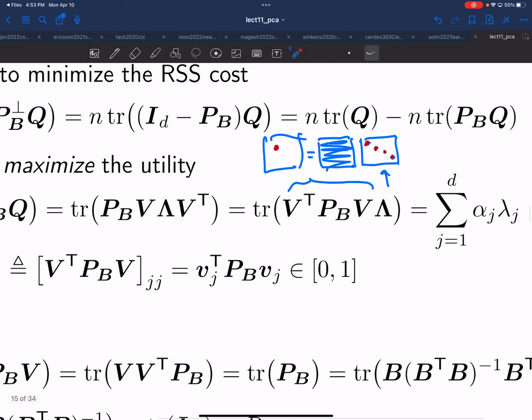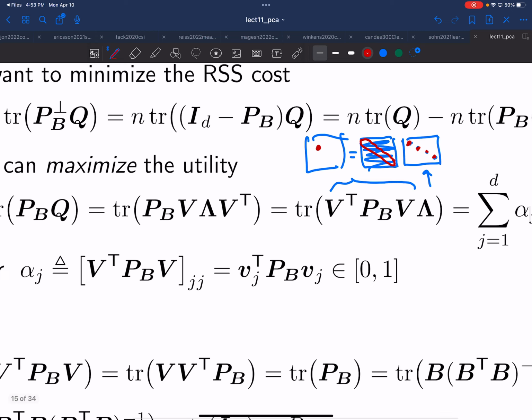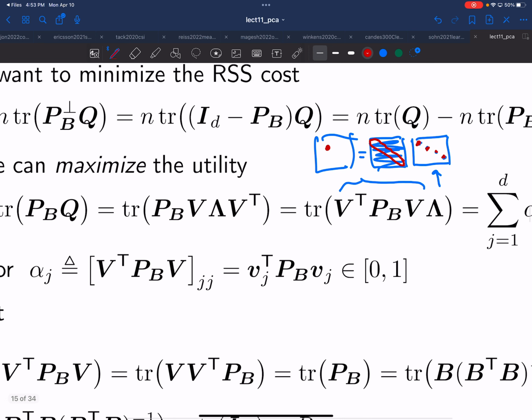So what we're going to do is call these diagonal elements alpha j. The alpha j is going to be the jth one. So this is this matrix looking at the diagonal elements, and realize that the trace is going to be this guy times this plus this times this plus this times this and so on.